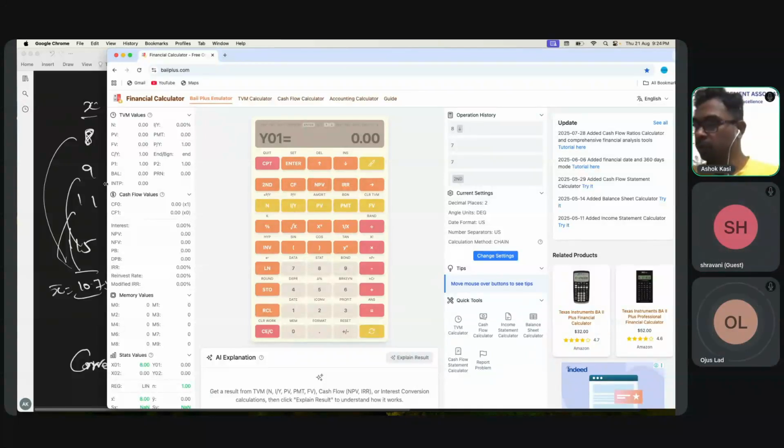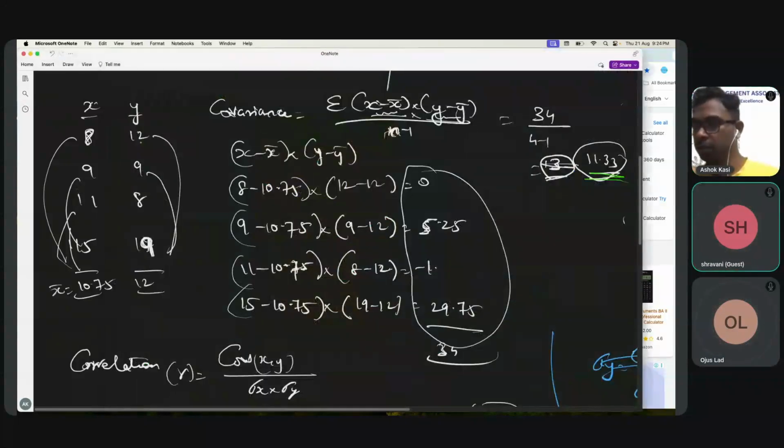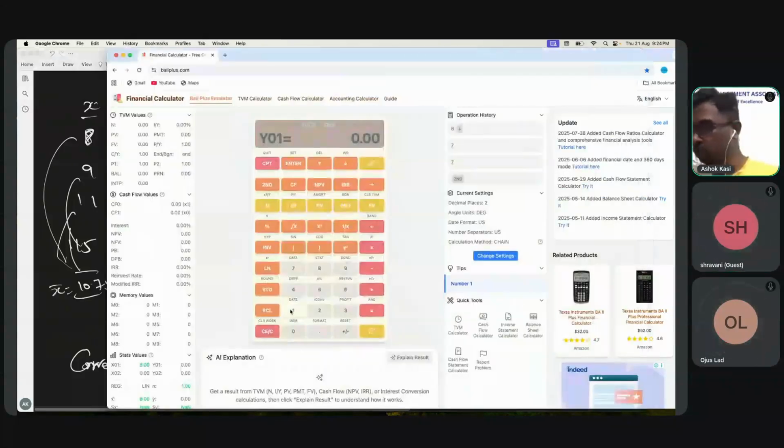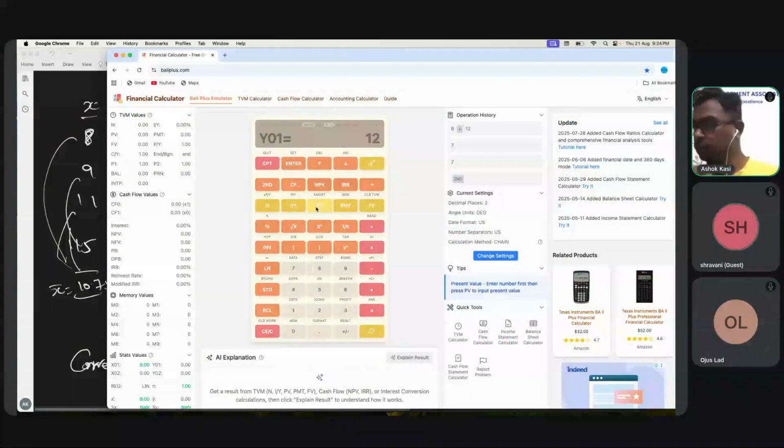Then Y01. That means the first number is 12. So I'll do 12. You can also do along with me. You have a calculator, right? Yes, sir. You also practice along with me. If I'm going fast, you tell me to stop.